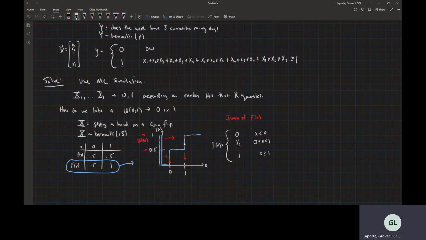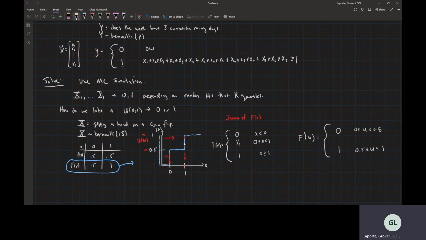So the inverse function of this one, we put in our u's, is going to be 0 if u is between 0 and 0.5, and then it's going to be 1 if u is between 0.5 and 1.